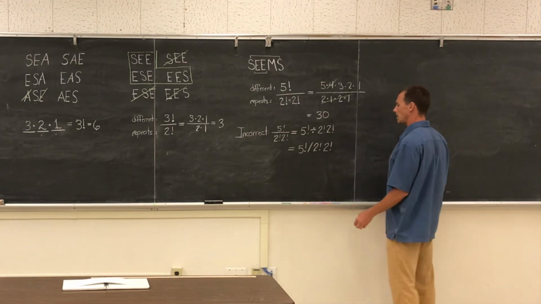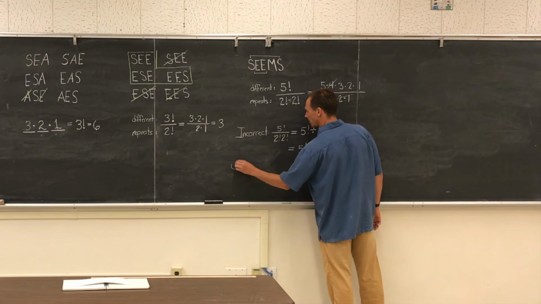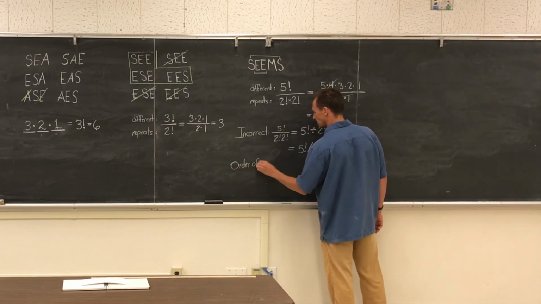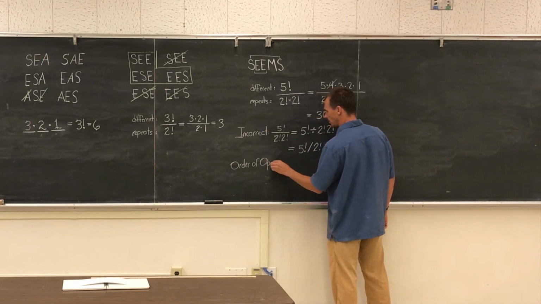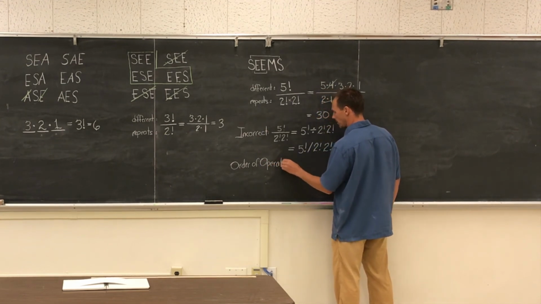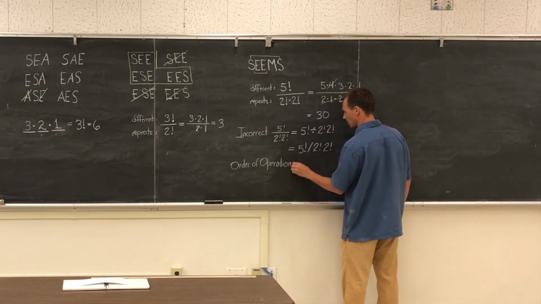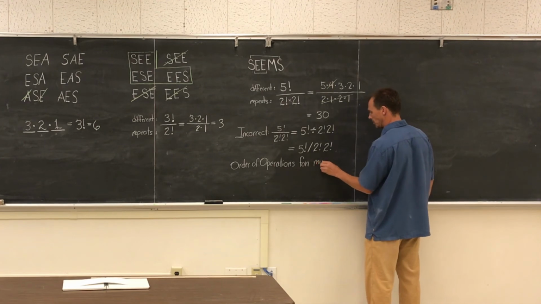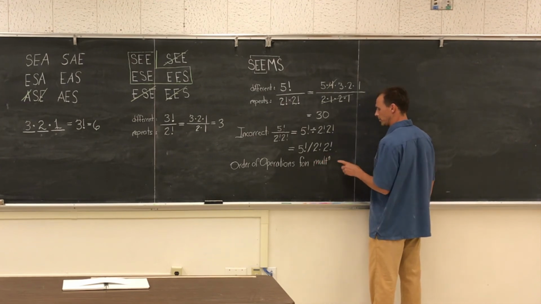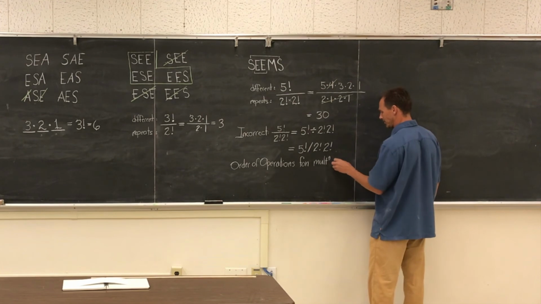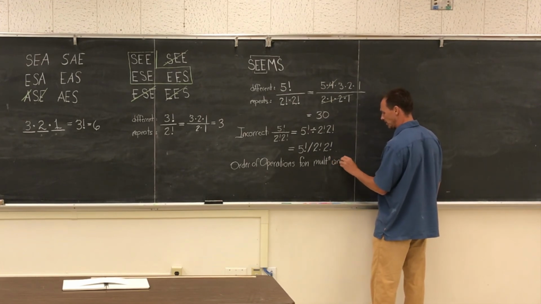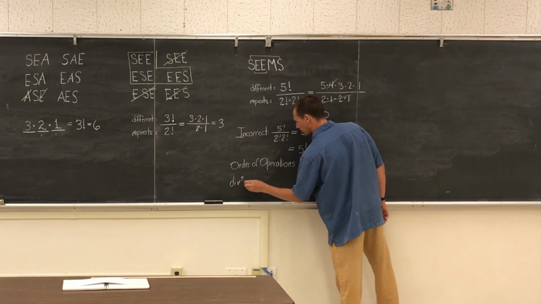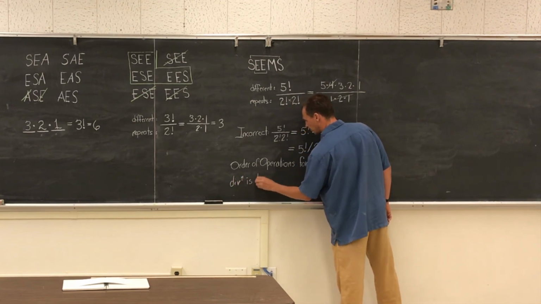Here's why. Because if you recall, the order of operations for multiplication and division is left to right.